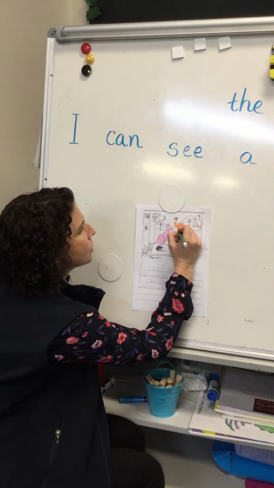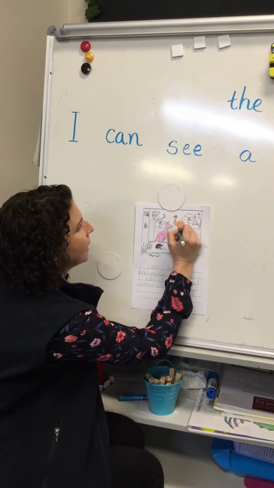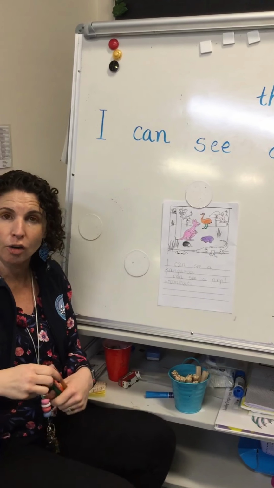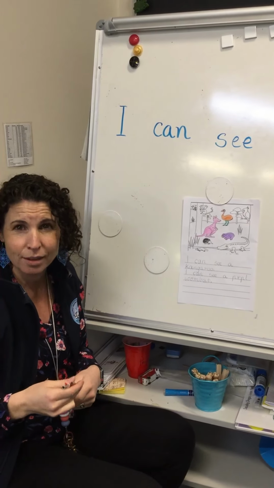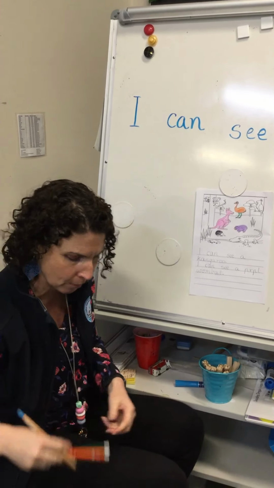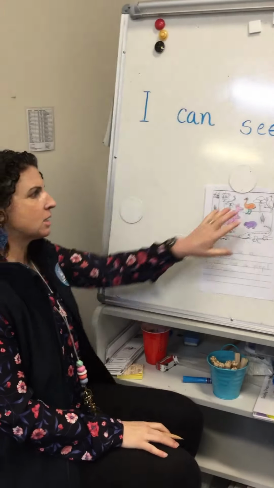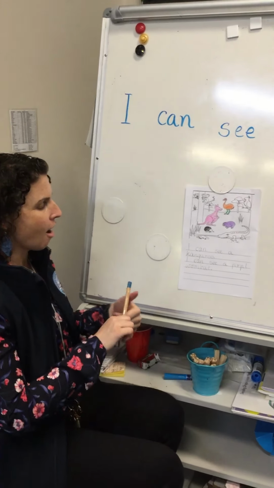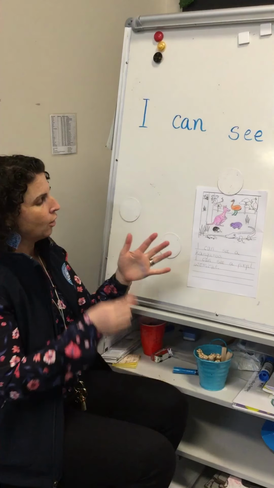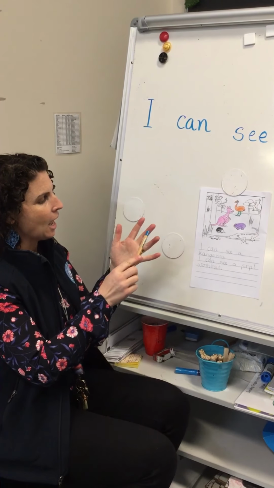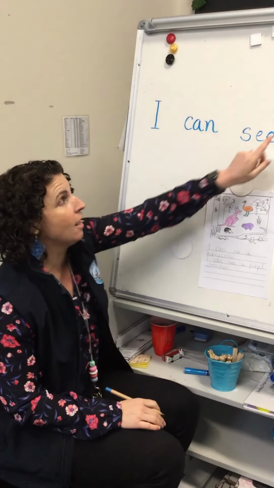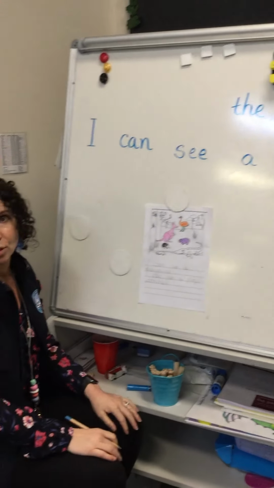Now, if you wanted a super challenge with your writing, you could write, I can see an orange emu with green legs. So if you add in the word with, you're going to give me a little bit more information. If that's a bit tricky, that's okay. I can see an emu, you could write that. Or I can see an orange emu. Or even I can see the emu. You might like to try that.